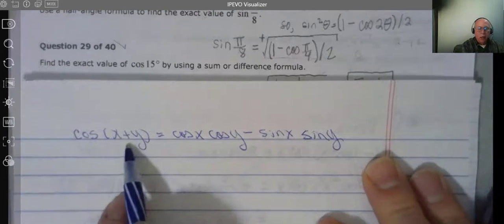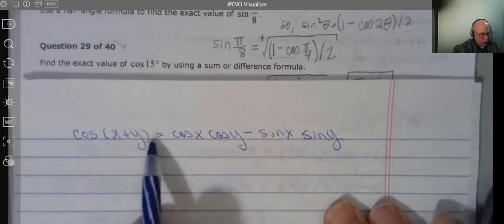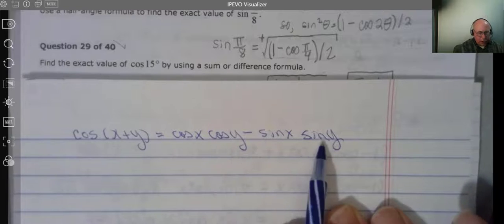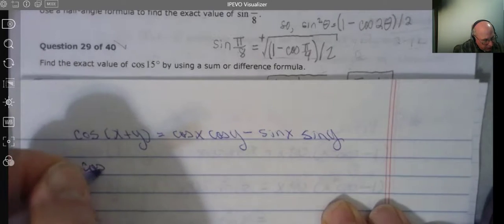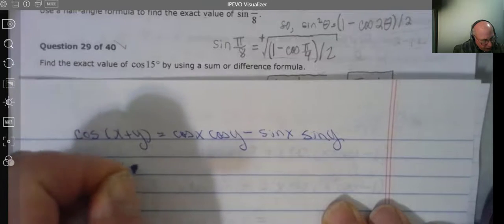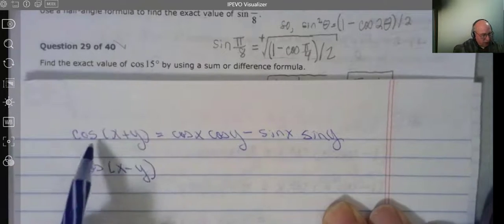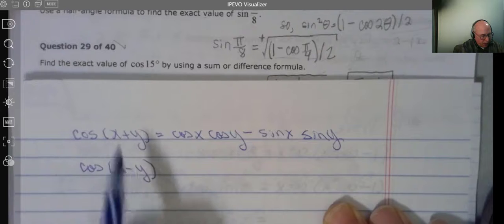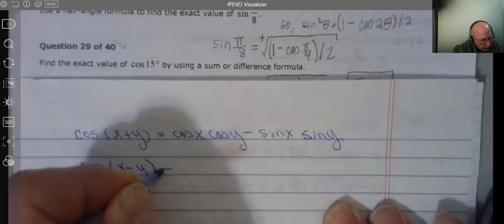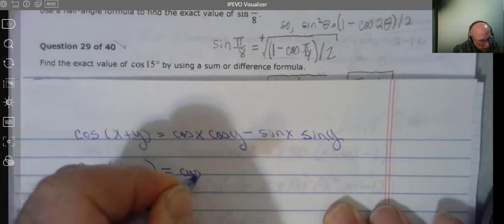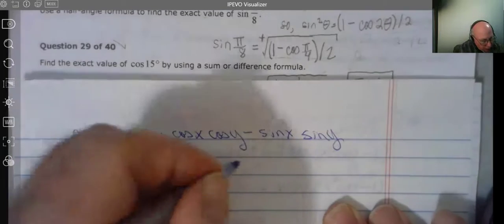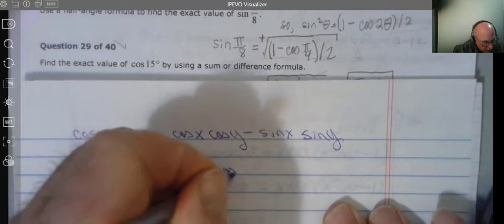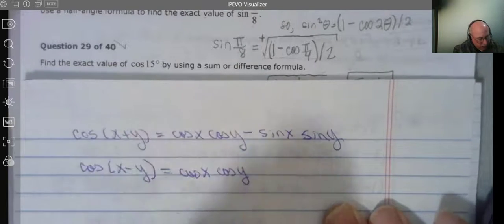Now that's for the sum. Actually, if you know this one and you know that the cosine is even and the sine is odd, then you can get the difference formula automatically. The cosine of x minus y, you go from here to here by replacing y by minus y. Since the cosine function is even, cosine of minus y and cosine of y are the same thing, so you can drop the negative there.